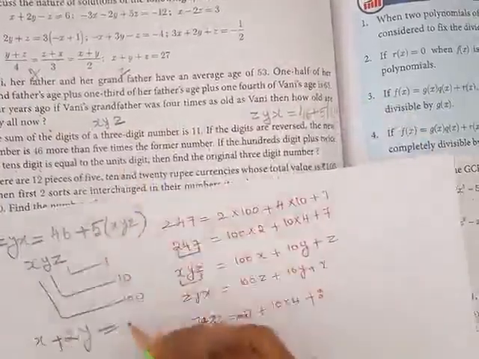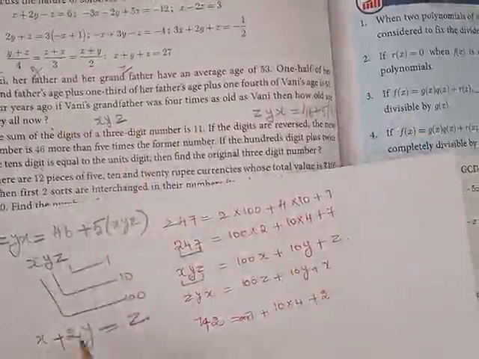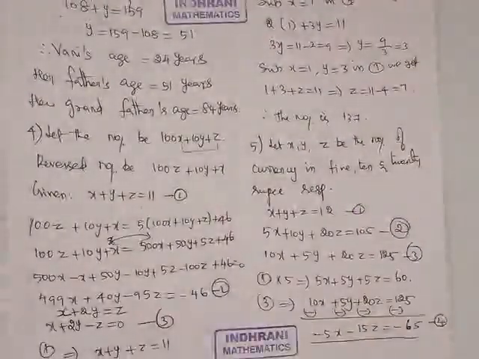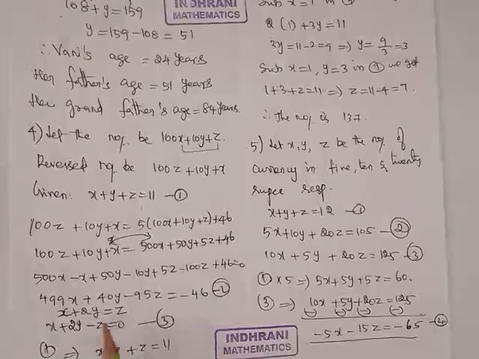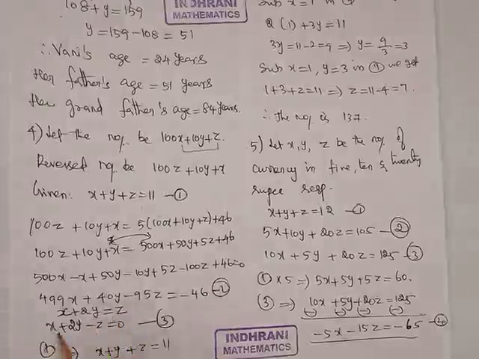Unit digit is nothing but Z. So the third equation is X plus 2Y equal to Z. So now you got the third equation as X plus 2Y equal to Z. Okay, so make Z to the left hand side. It is X plus 2Y minus Z equal to 0.